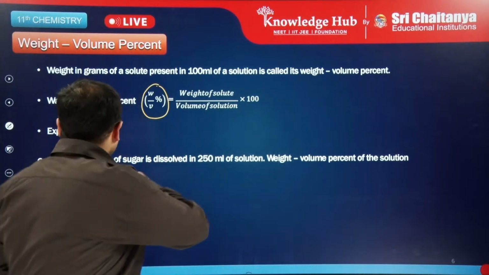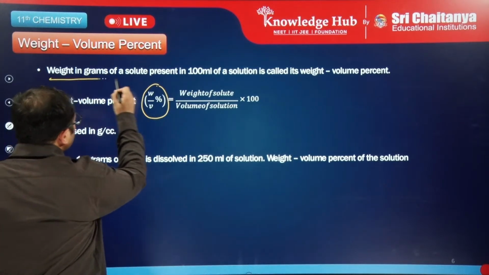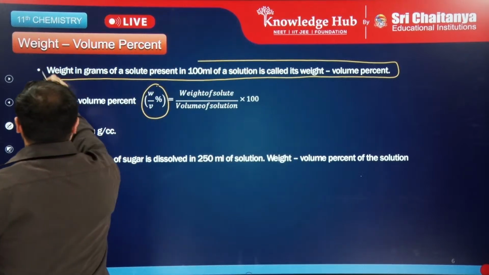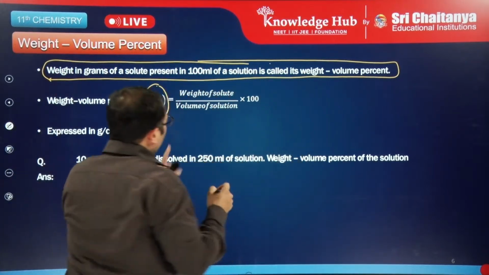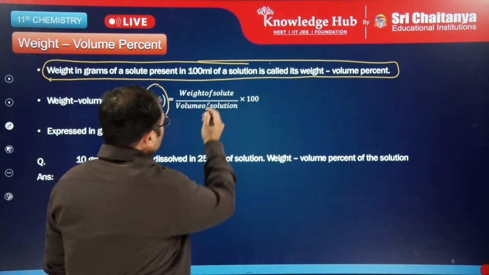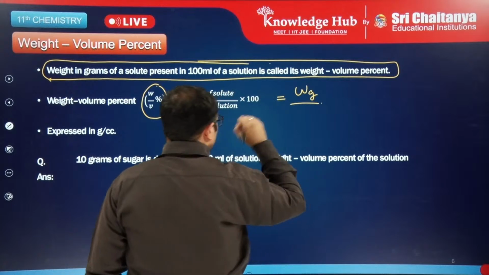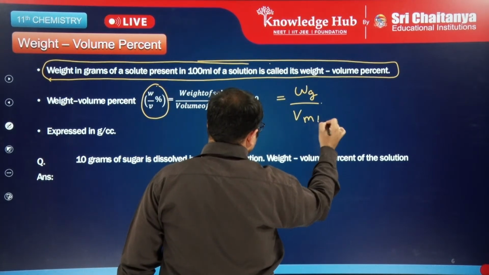Now what is the meaning of this? That meaning is written here. Let us find out what this is about. See, normally what I have found is, weight of solute is written in grams and volume of solution is written in mLs.